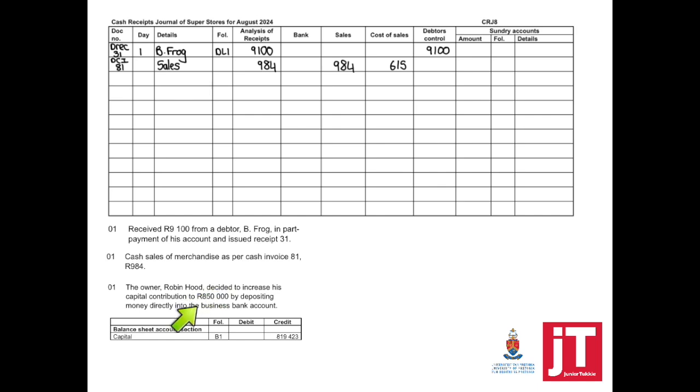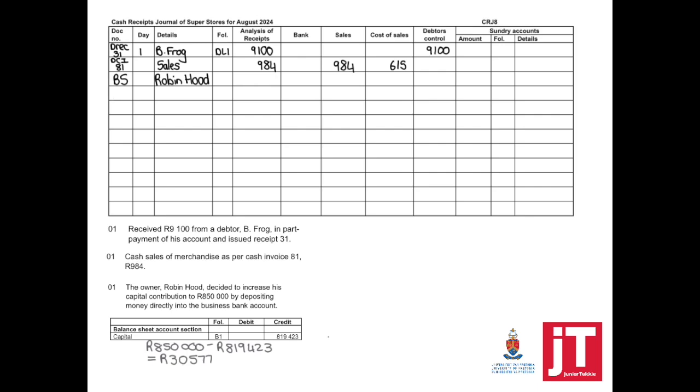If you have a look in the trial balance, the capital balance is currently 819,423. She would like to increase, or she did increase, her capital to 850,000. This means that the difference is the capital that was contributed, and the money was paid into our bank account.